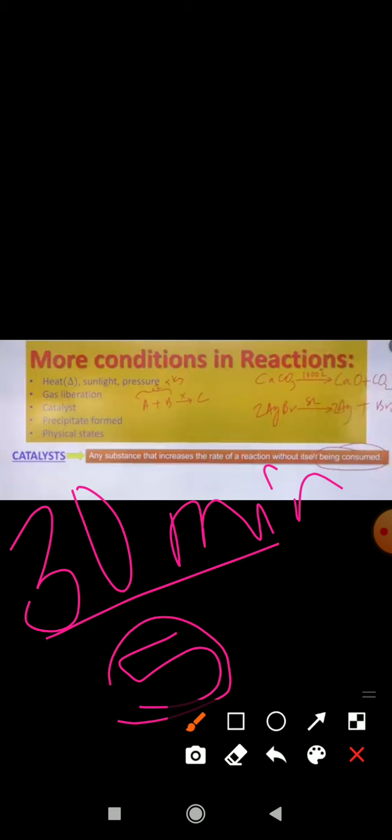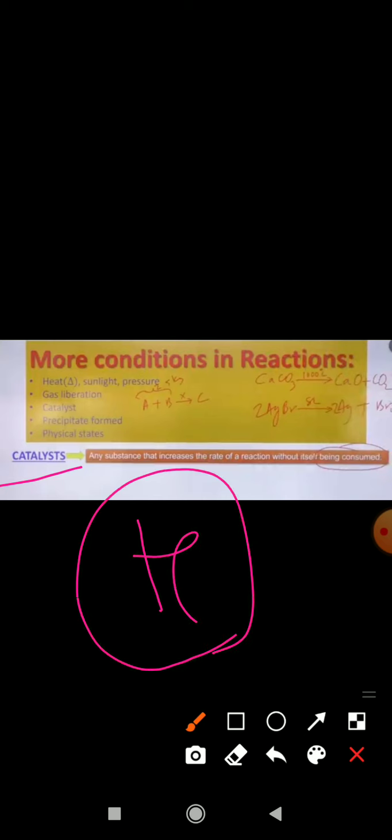That is a very useful advantage of a catalyst. Some catalysts are hydrogen, etc. They are not damaged or consumed; only the presence of hydrogen helps to increase the rate of reaction.